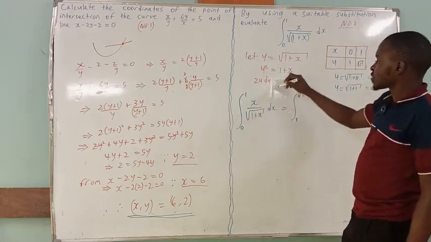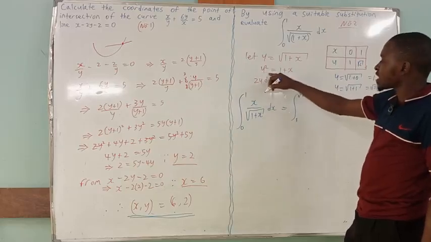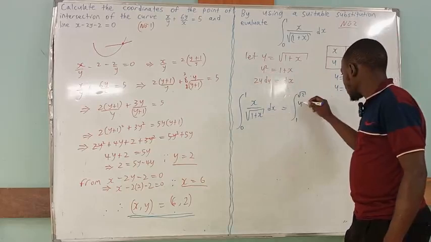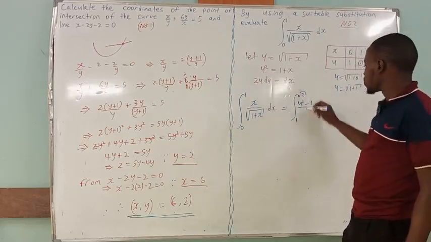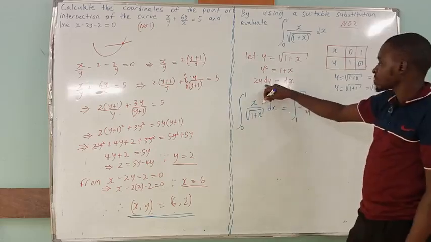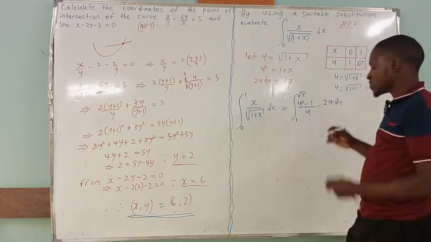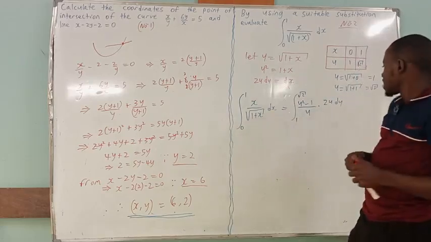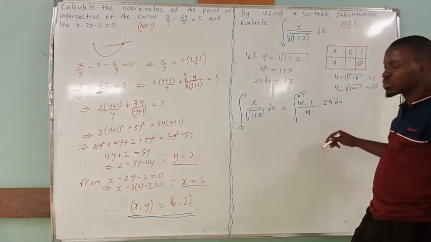Where there is x, I'm going to put u squared minus 1 from here, over the root of this, which is u. Then our dx is here. Our dx is 2u du. Now this u cancels with this u.